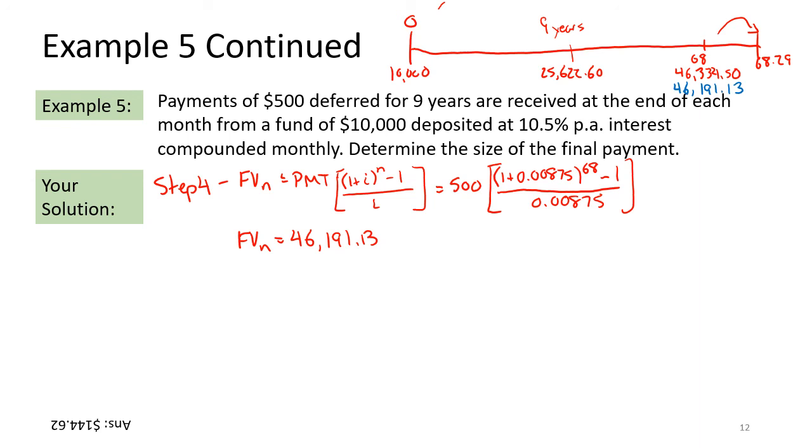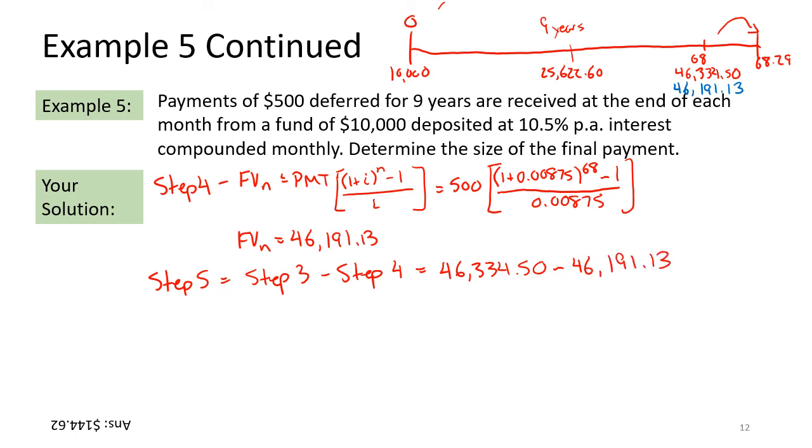So step 5 is simply step 3's value minus step 4's. In other words, $46,334.50 minus $46,191.13.